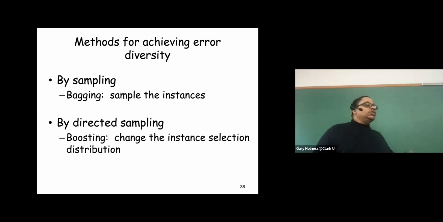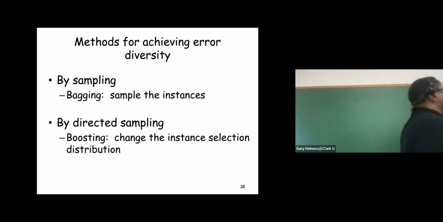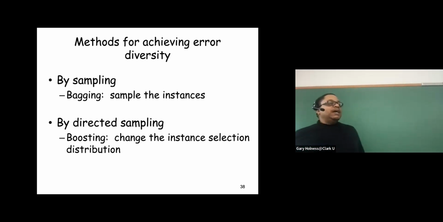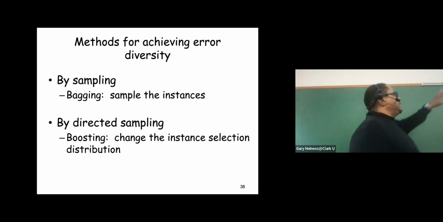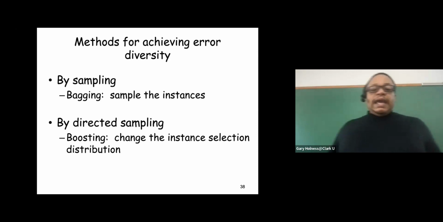And so there are two ways of using randomization to break these shared biases, also known as error diversity. You want them to commit errors in different parts of feature space. One is by sampling, and the method, and variants of the main method, called bagging, sample the instances, the input, the in-sample training data. And then the other is by directed sampling or biasing, and it's called AdaBoost.